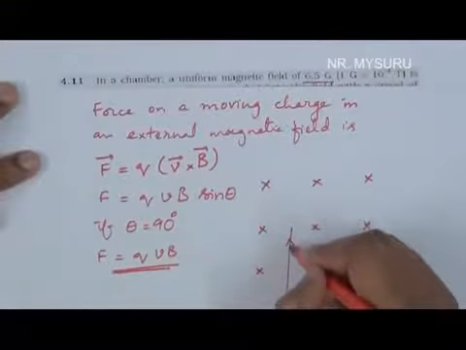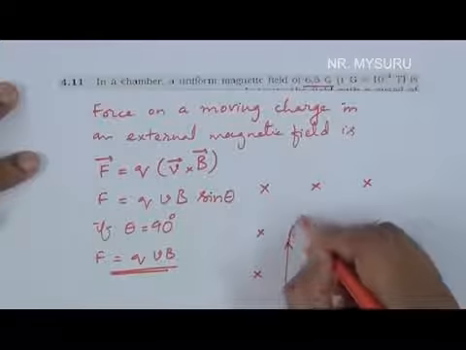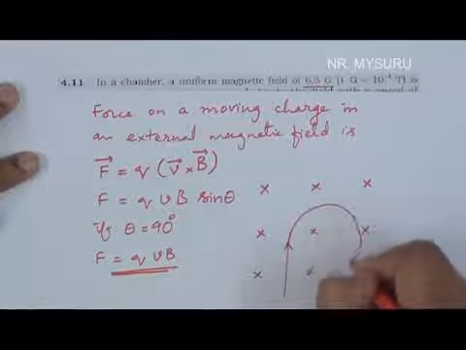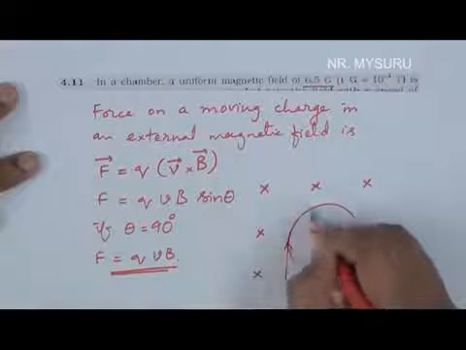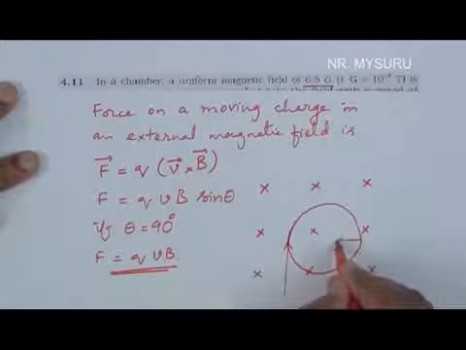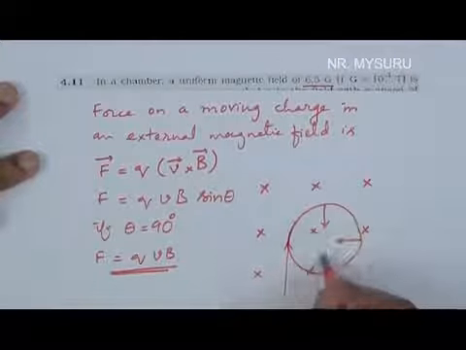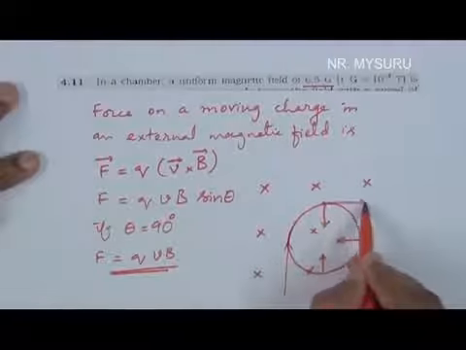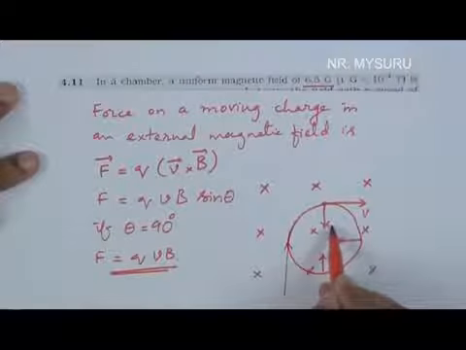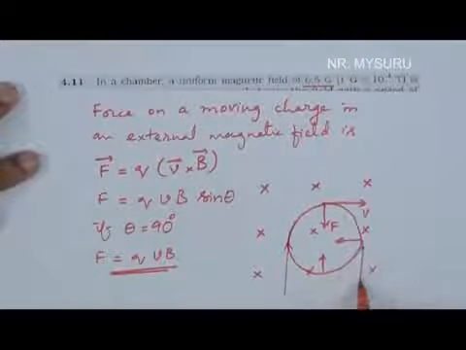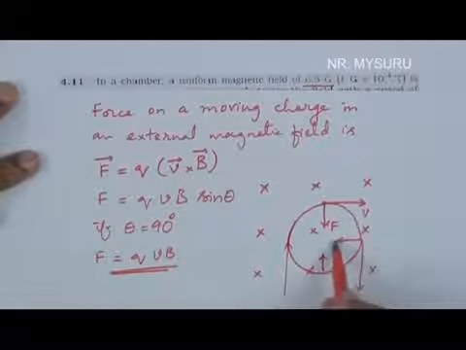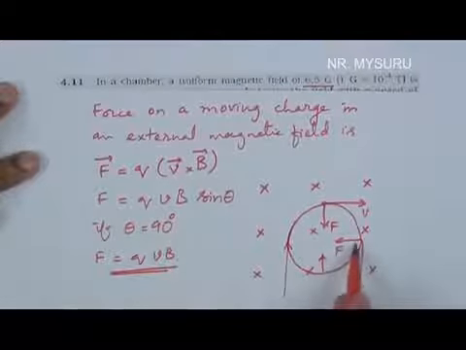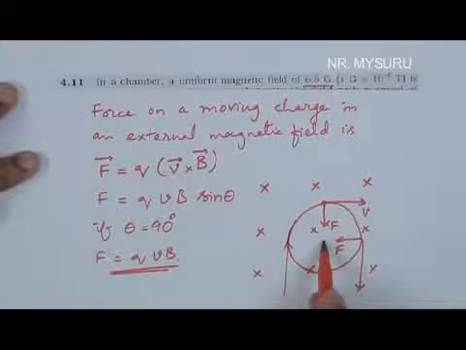The electron experiences force which provides the necessary centripetal force, and the direction of force is always towards a fixed point in the path. If this is the direction of velocity, then this is the direction of force. So every time the direction of force is towards a fixed point.